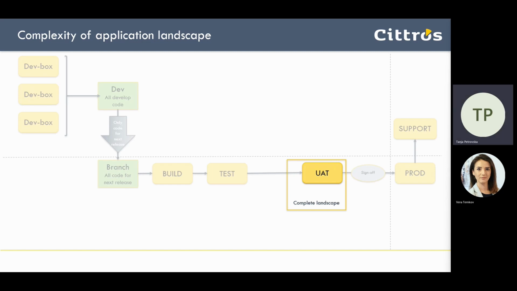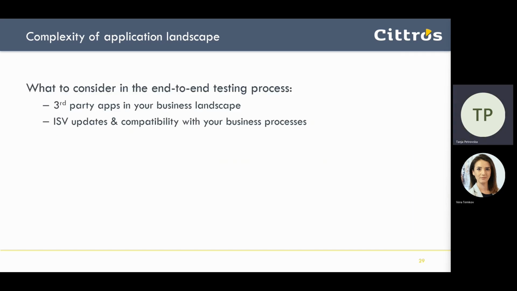The complete landscape shown on the diagram represents the D365 F&O, but also the other integrated applications that will have a production impact. These third-party applications and ISV solutions should be included in your end-to-end testing process. So depending on your project and what impact they have on your business processes, you should consider if they are vital to have them as part of your test UAT process.